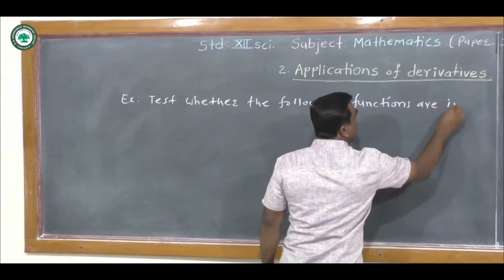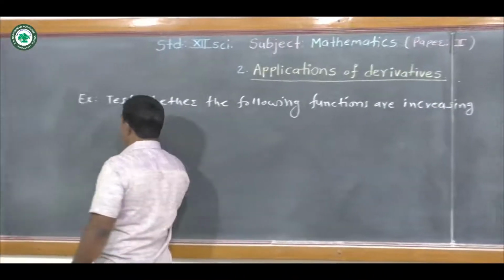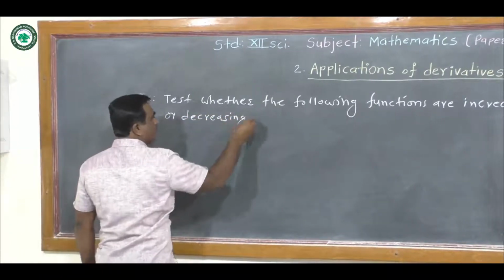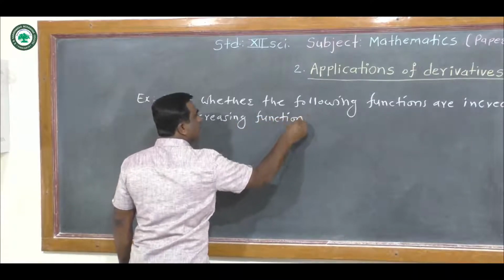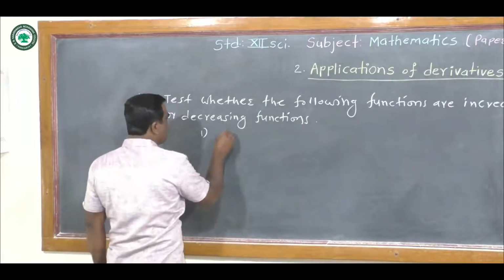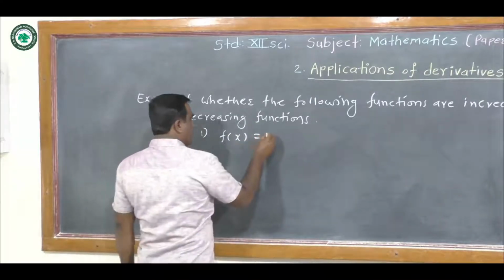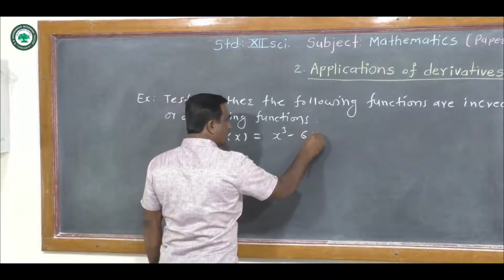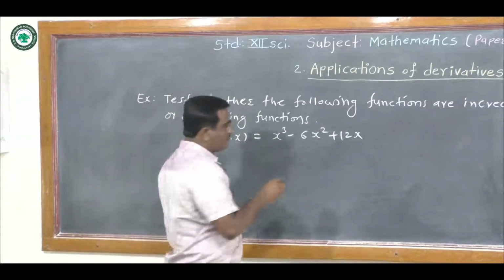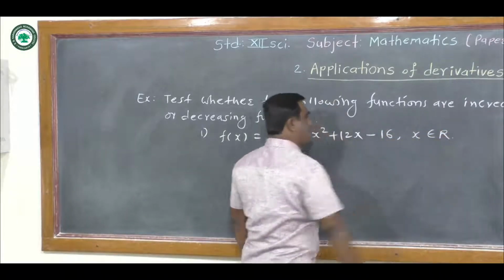Number first, f of x equal to x cube minus 6x square plus 12x minus 16, where x belongs to R, that is, the set of real numbers.